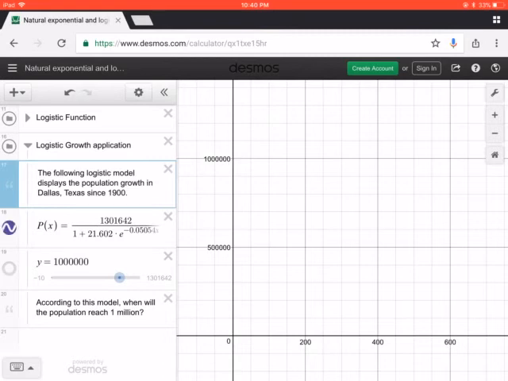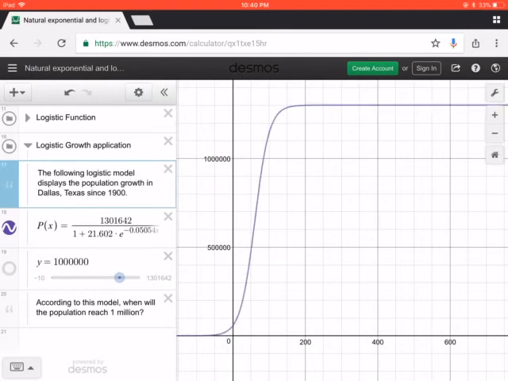Now, we know that because that's our numerator, but the other values alter the initial value and alter the rate at which the population is approaching the carrying capacity. But here's our situation. According to this model, when will the population in Dallas, Texas reach 1 million?